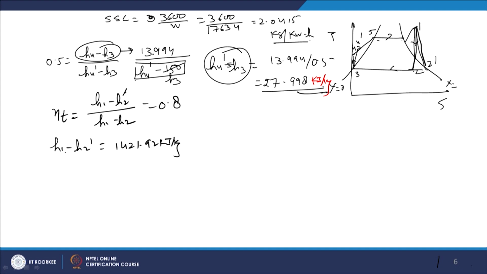Definitely it is going to be less than H1 minus H2, and it is going to be 1421.92 kilojoules per kg.